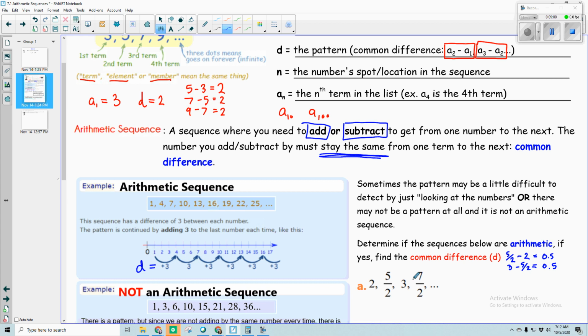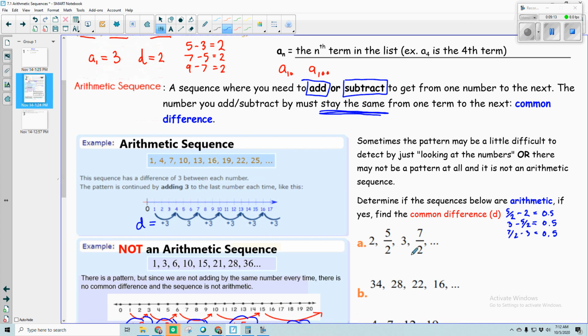Okay, we're good. And we'll just try this one more time just to make sure. So 7 halves minus 3. What do I get for that? Also 0.5. Okay, so this pattern is definitely staying the same. So there is a common difference. There is a D of 0.5. And because 0.5 is positive, we're adding 0.5 each time, so yes, it's arithmetic.